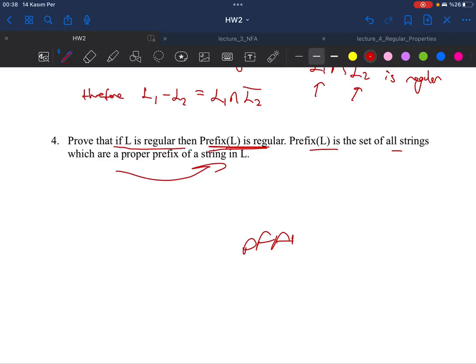Since we can build a new DFA, and DFAs only recognize regular languages, we know that the language of all prefixes, prefix L, is also regular. That's it. Thank you for your time.